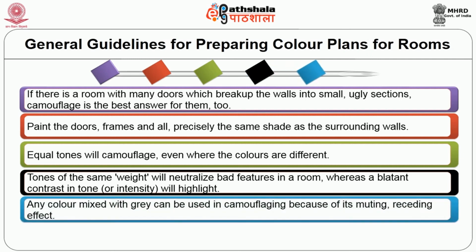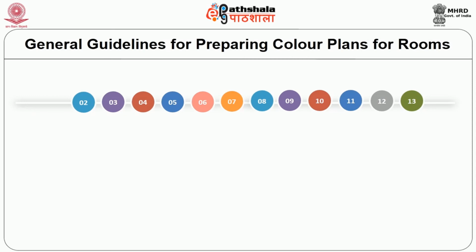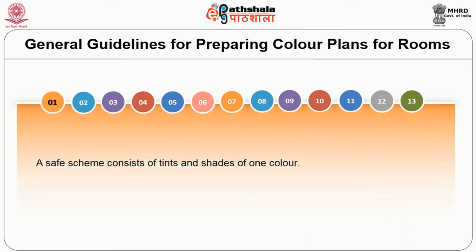Any color mixed with grey can be used in camouflaging because of its muting, receding effect. Dark colors will help to disguise paneling which is broken up by small doors or boards which are not well finished. The following points can be of help to a person to organize and decide the color schemes for their rooms. A safe scheme consists of tints and shades of one color.